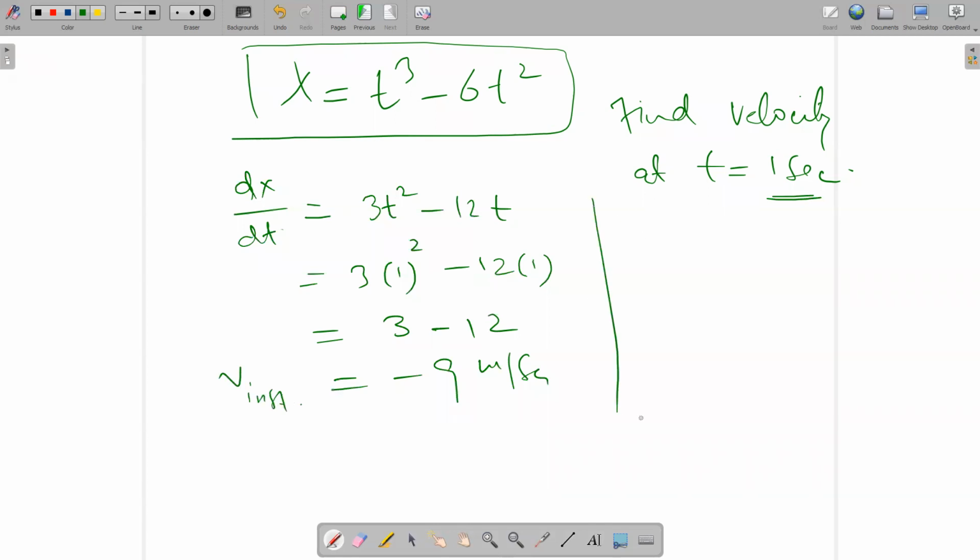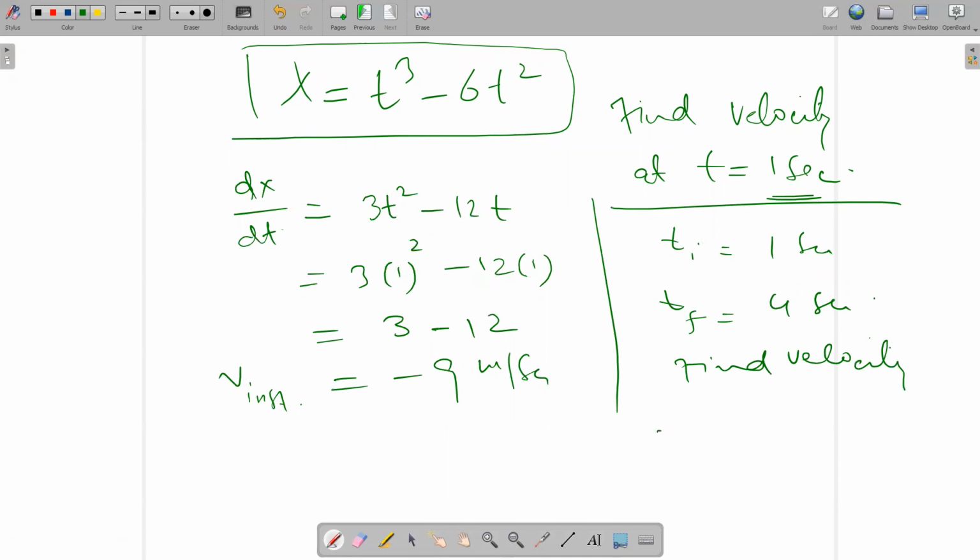But if he is asking that the initial time is 1 second and the final time is 4 seconds, find the velocity, it means you are finding actually the average velocity. So average velocity is what? Average velocity is xf minus xi over tf minus ti.